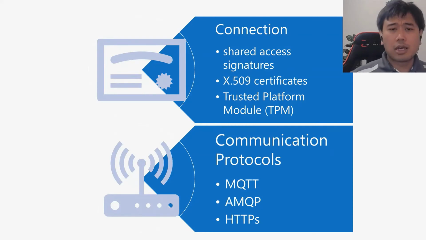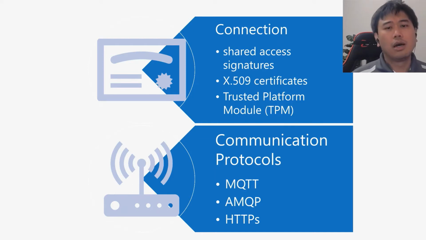How you would connect a device to IoT Central: it could be using a shared access signature. Think about it as a kind of connection string. It can use X.509 certificates, where each one of the devices has its own certificate, and they can do that handshake for how it would connect to the cloud.